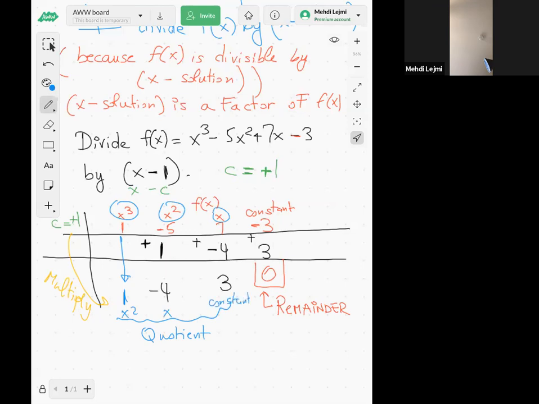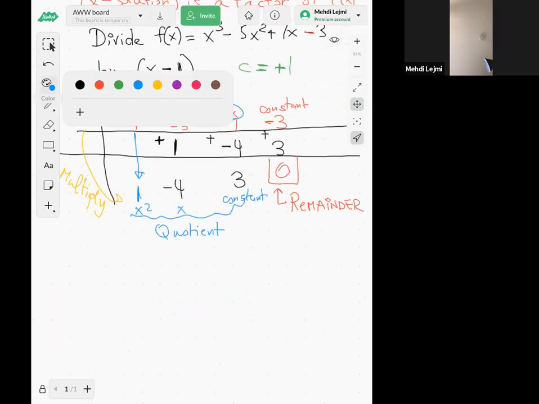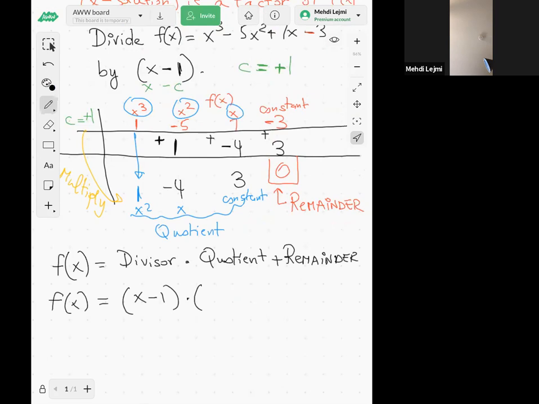So in other words, what we are saying, guys, is that f of x is equal to the divisor, x minus 1, times the quotient, plus, of course, the remainder, right? So now, f of x, we divided by x minus 1, and we got the quotient, which is 1x squared minus 4x plus 3, right?